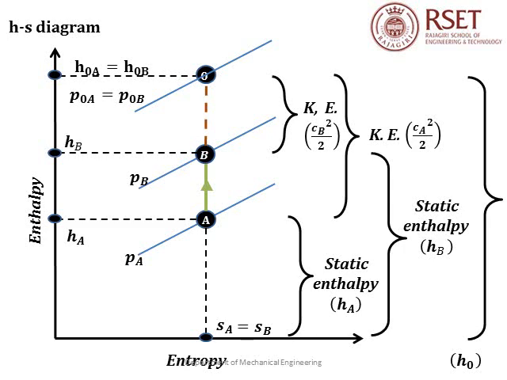So if it is an isentropic flow with increase in pressure, it will be proceeding in the positive y direction, and if it is an isentropic flow with expansion, that is reduction in pressure, then it will be moving vertically into the negative y direction.